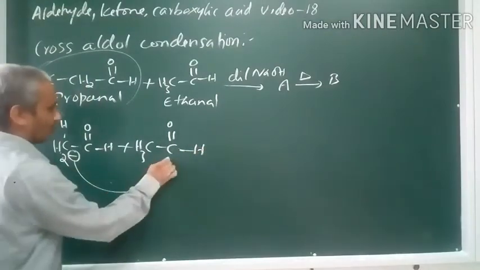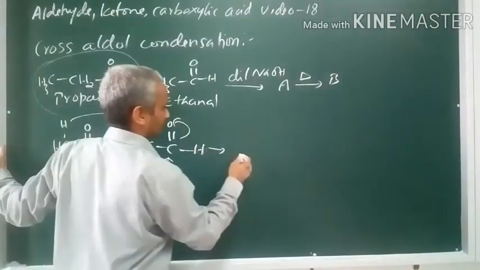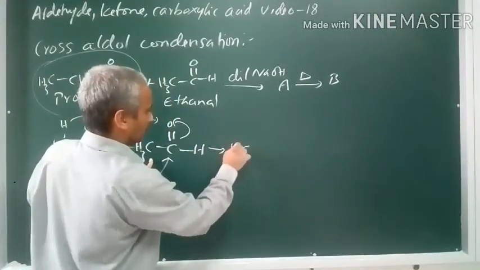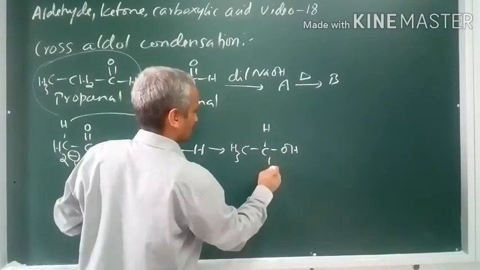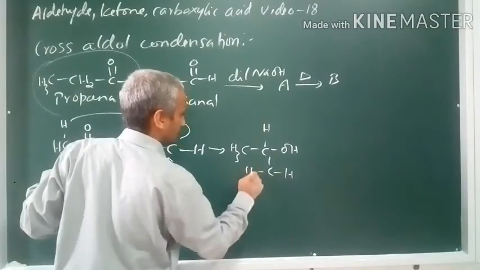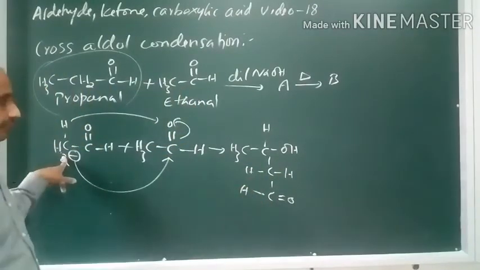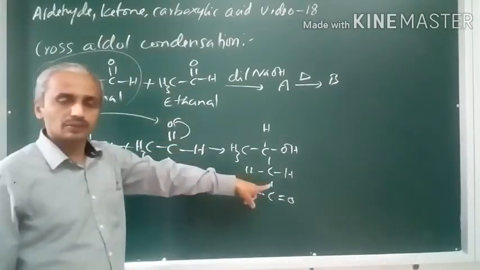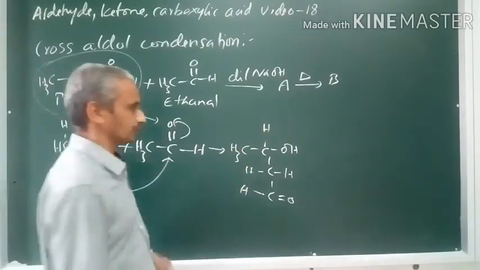So this can attack over here, shift it. So I am going to get CH3 CHOH CH2 CHO. Due to the aldol condensation, I can get this product also.